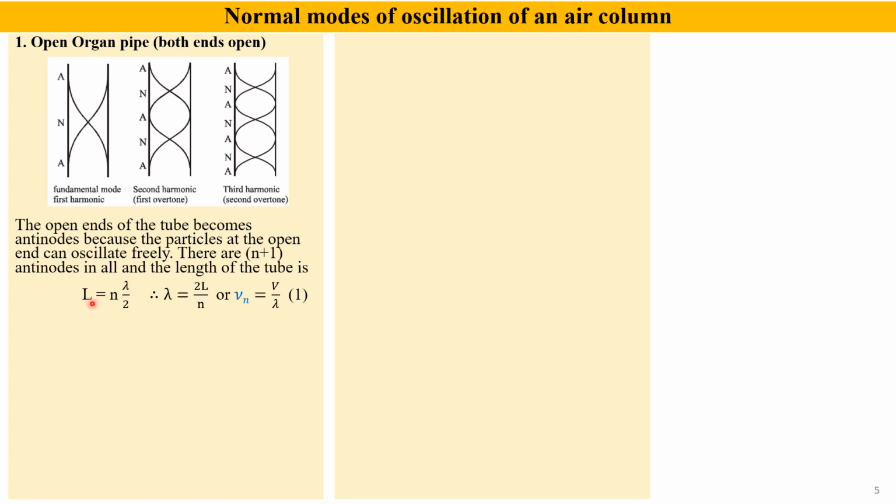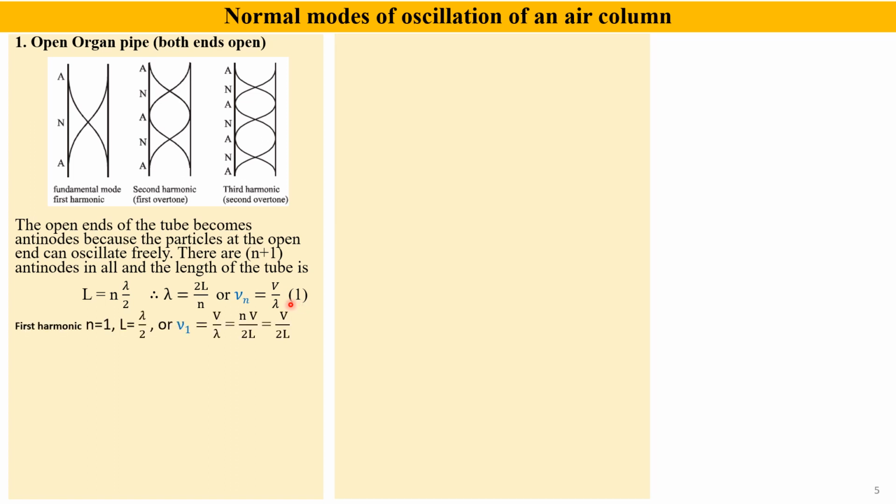That is L is equal to n into lambda by 2. Rearranging, lambda equals 2L divided by n, and we also know by definition that frequency nu is equal to velocity by wavelength. Therefore nu n will be equal to v divided by lambda. Let it be equation 1.